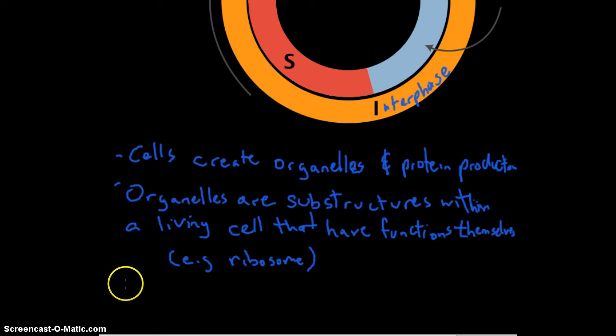Another thing that happens in G1, so we're still on G1. Again, the G stands for growth. Another thing that happens is that the cell doubles in size.